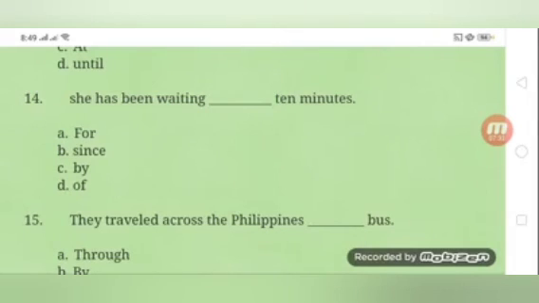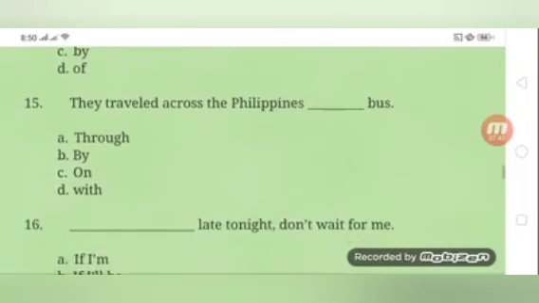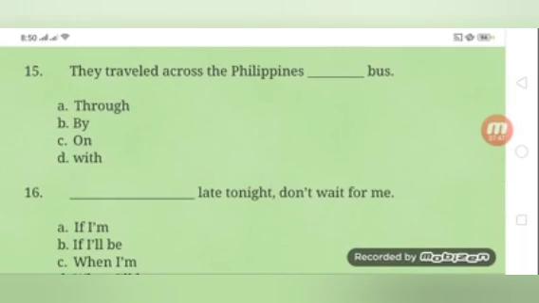So she has been waiting for 10 minutes. Or you can say also, if there is no for in the choices and there is in, she has been waiting in 10 minutes. You can use them interchangeably. Okay, for the period of time lang ha. And then she has traveled across the Philippines by bus. Okay, by bus, I'm sorry.